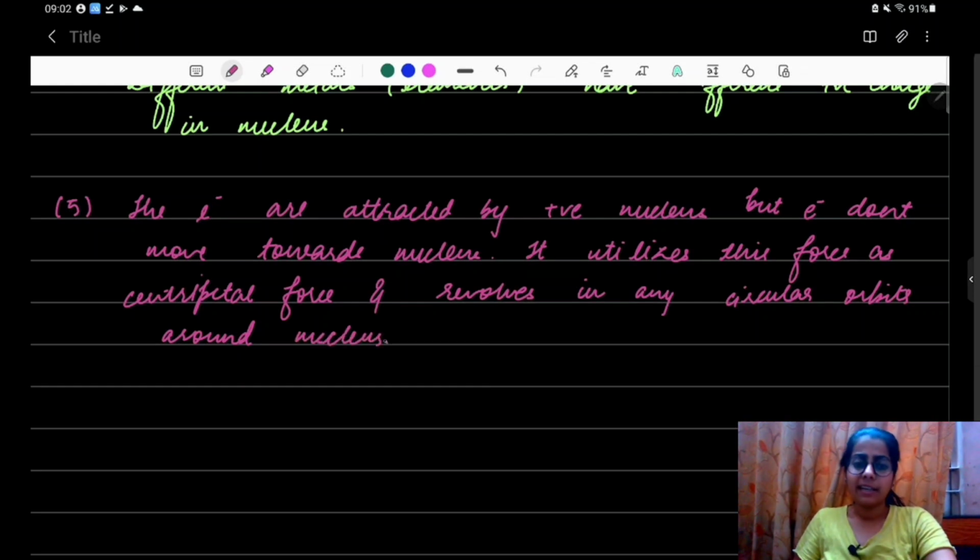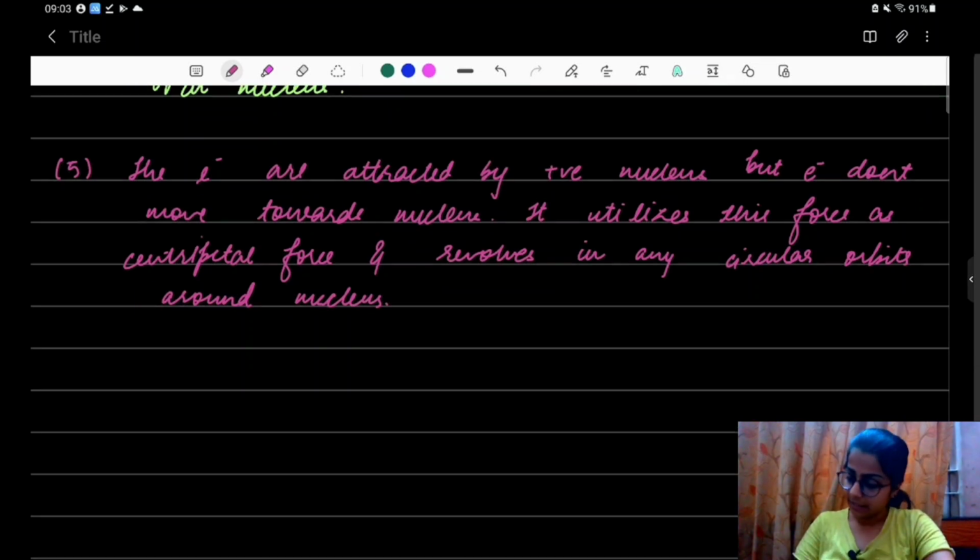He said that electron is attracted by positive nucleus. Negative charge is attracted by positive charge, but the negative charge doesn't move towards positive charge. Earth is attracted towards sun, but it is not moving towards sun. It is moving around sun, revolving around sun in its fixed orbit. Similarly, electron is attracted towards the nucleus, but it is not moving towards it. It is revolving around it.